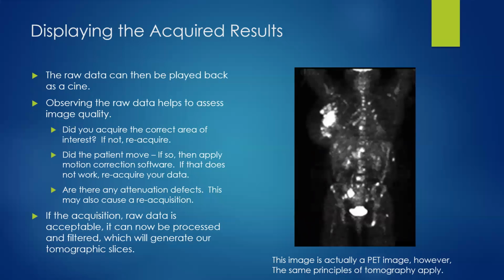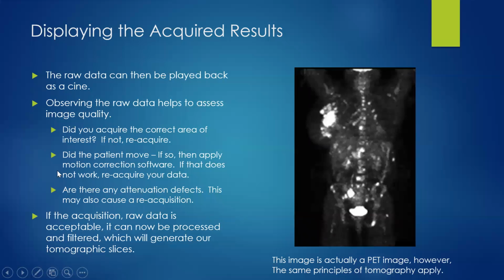Once you collect all your information from your SPECT, you're going to do the raw data cine, and you're going to see a couple of things here. Did you collect the correct area of interest? If not, reacquire. Did the patient move? If they did move, then apply motion correction. If they move too much and motion correction doesn't work, then again, unfortunately, you have to reacquire.